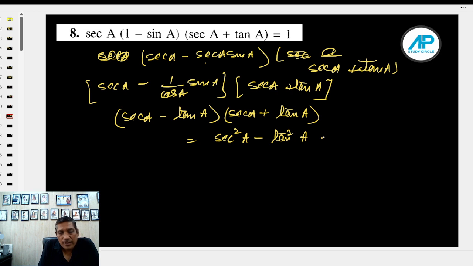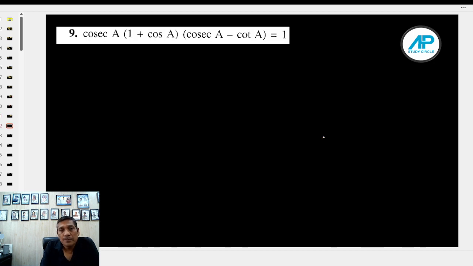Sec a minus tan a into sec a plus tan a is sec square a minus tan square a. So what I had done in this question is simply multiplied sec a and sin a. So understand this very carefully. Sec a into sin a would give you tan a, because sec a is 1 upon cos a and sin a upon cos a is tan a. I hope you understand this, everybody.